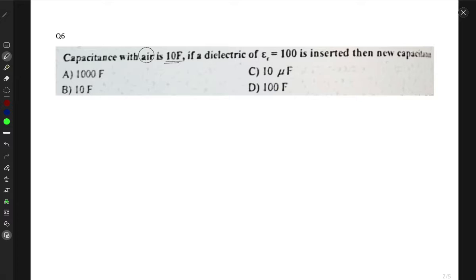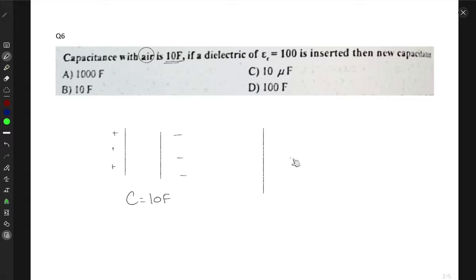So, well, clearly the situation is that you have two plates of a capacitor and these are parallel to each other. So suppose you have positive charge over here and negative charge over here. At this point, before the dielectric is inserted, the capacitance is given as 10 farads.